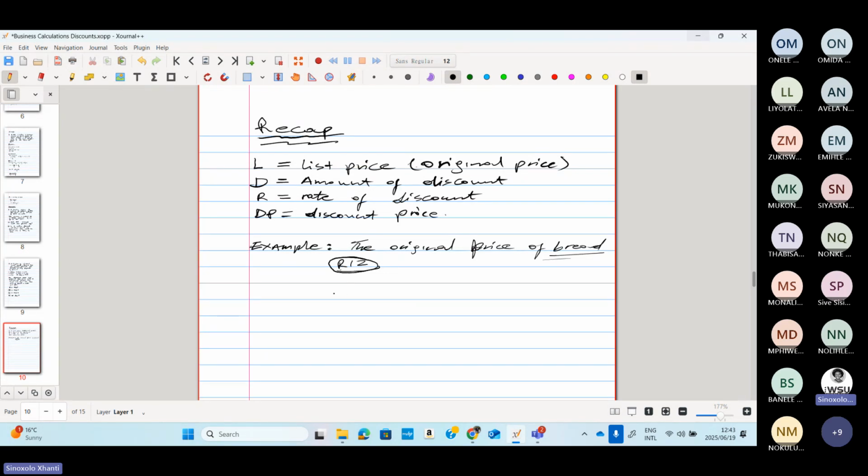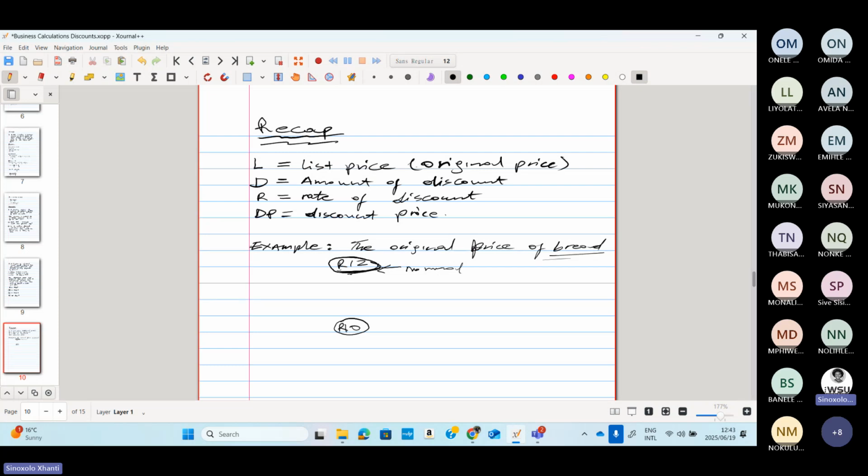Now you go to the shop and they say that you are one of our loyal customers and we're going to give you this bread for 10 rand. If you were to go there on any other day, they would sell this bread at 12 rand.